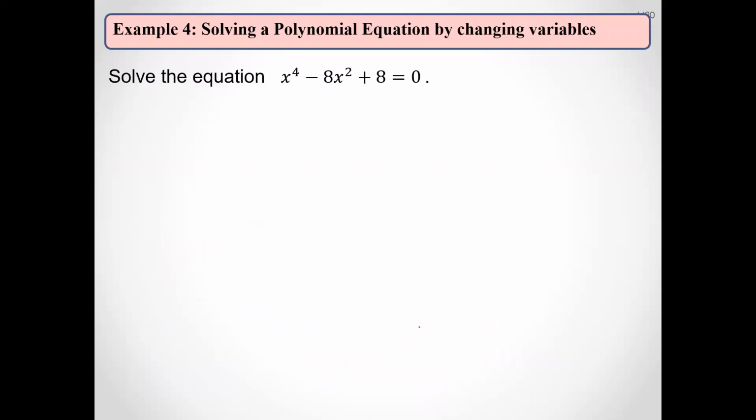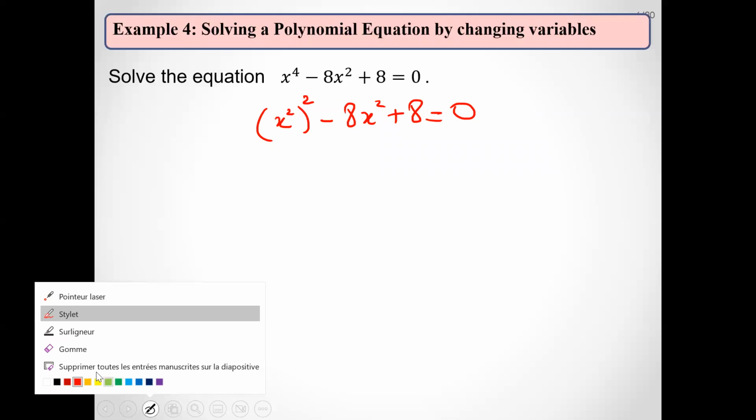Another example. So here we notice that we have only even powers of x. So x to the 4 can be written as x squared all squared, property of powers, minus 8x squared plus 8 equals 0.